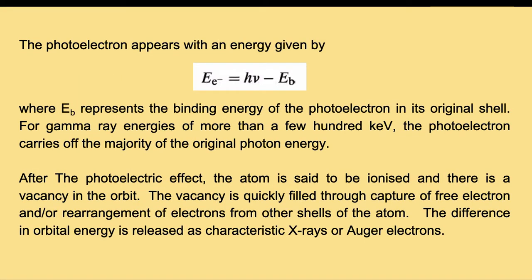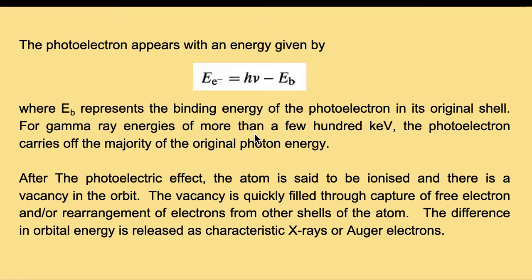The photoelectron appears with an energy given by E_e = hν − E_b, where E_b represents the binding energy of the photoelectron in its original shell.